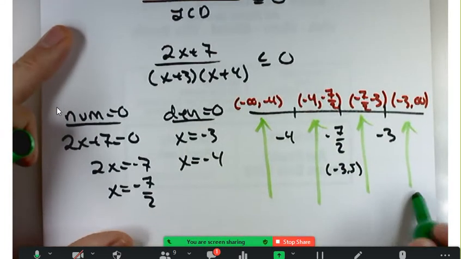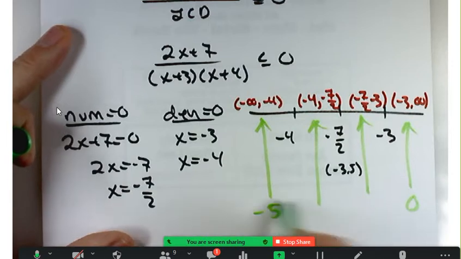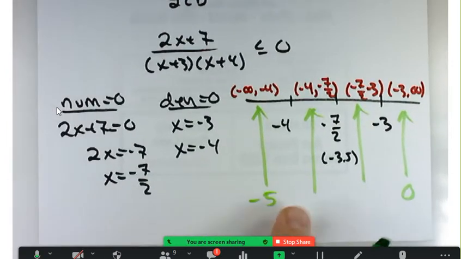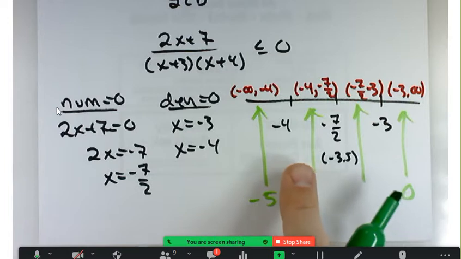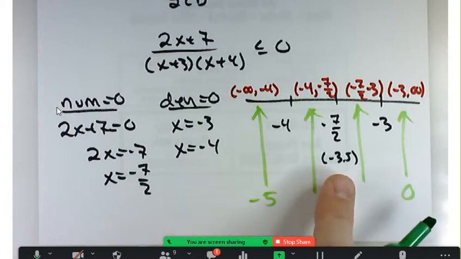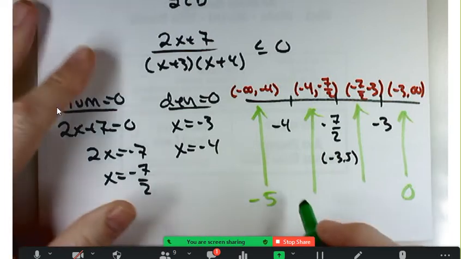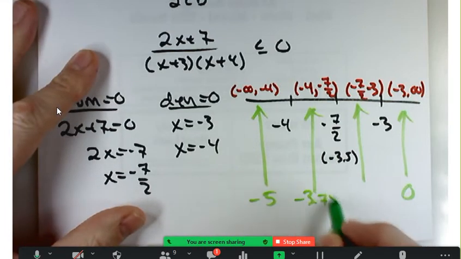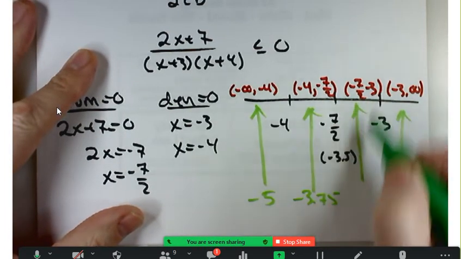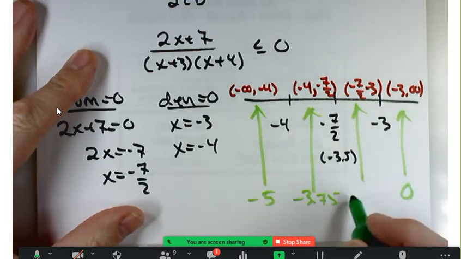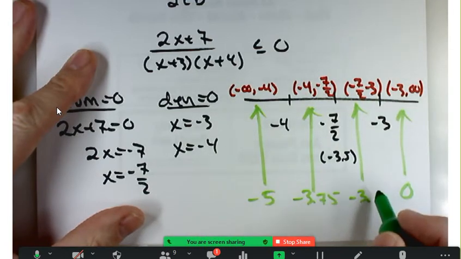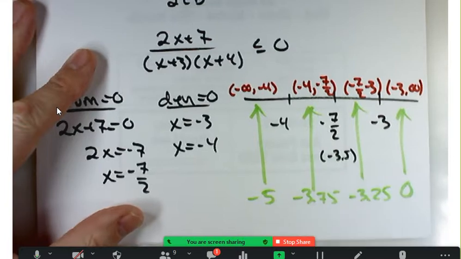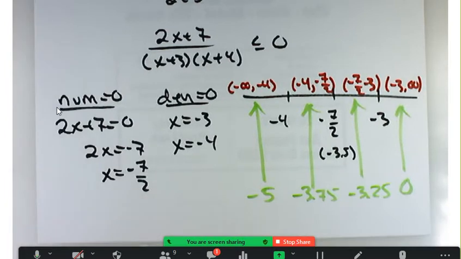On the ends, I'd choose 0 and maybe -5. But can somebody tell me a number between -4 and -3.5? -3.75, sure. You're going to have to use decimals. And then one more right here, say -3.25. Or just -3.3 or whatever. Whatever fits in there, whatever works for you.